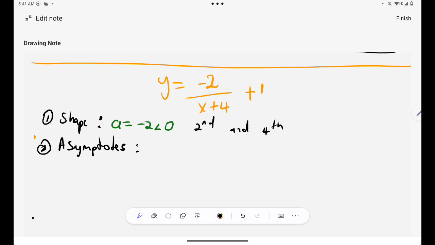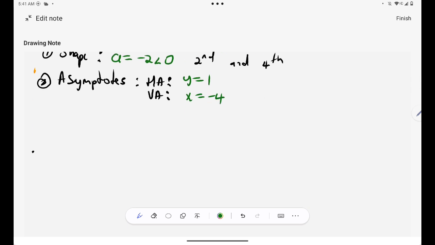Okay, for the asymptotes, I know that for my horizontal asymptote, I only need to write y is equal to 1. My vertical asymptote is x is equal to -4.